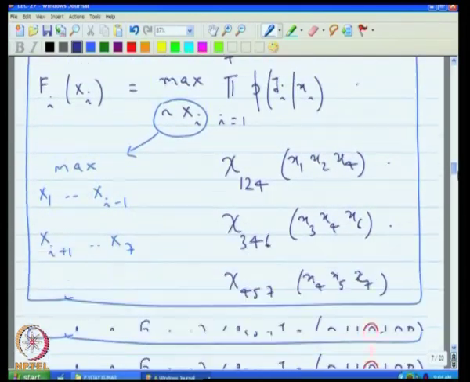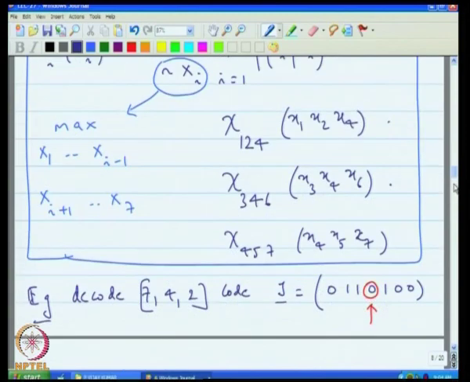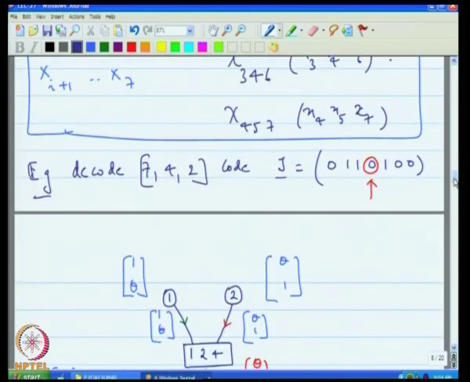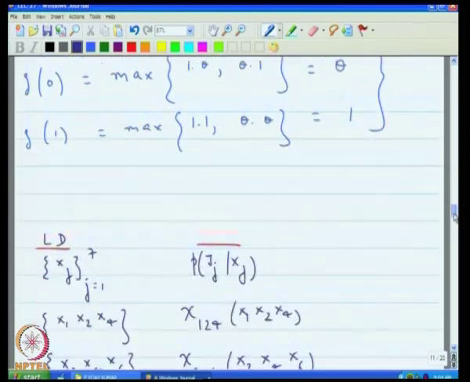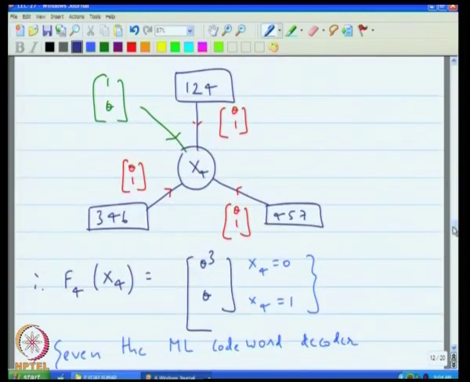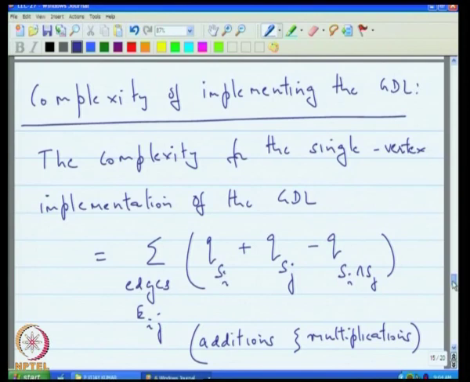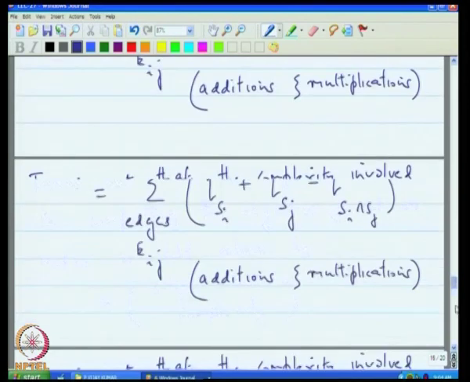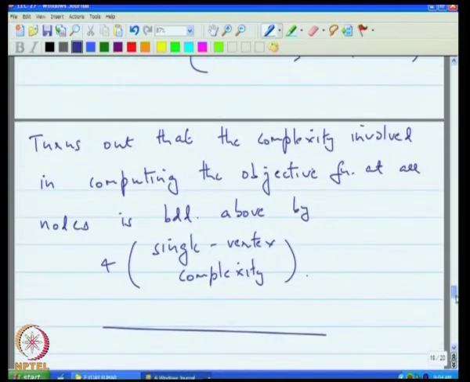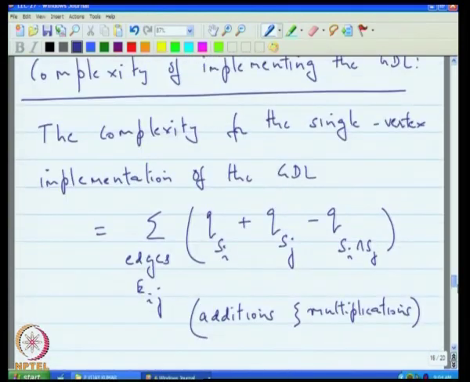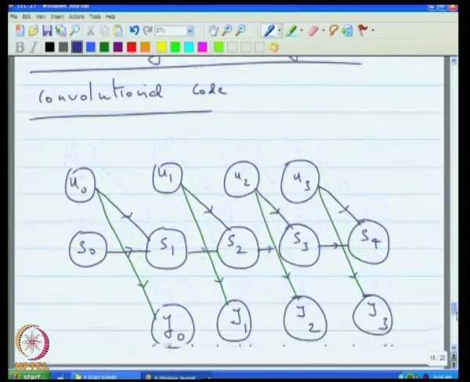Before moving on to maximum likelihood code word decoding, we made the observation that you simply replace the summation operator by the max operator, and we carried out decoding. So, that was quite straightforward. And then towards the end, we started discussing decoding of the convolutional code. There was also a short note on the complexity of the GDL. Okay. All right. So, thank you. We will see you next time.